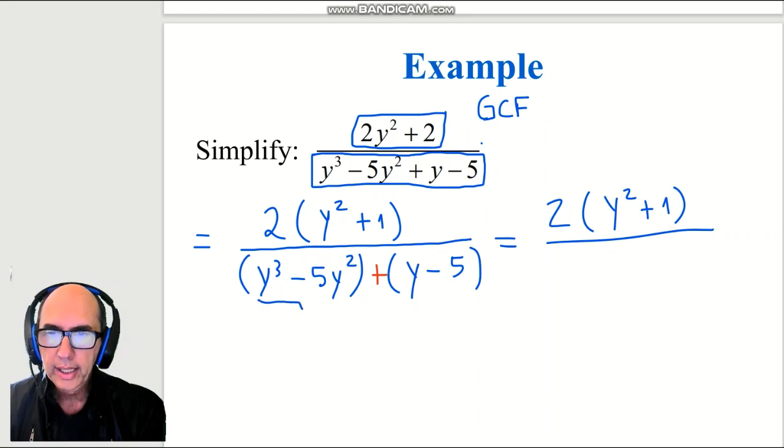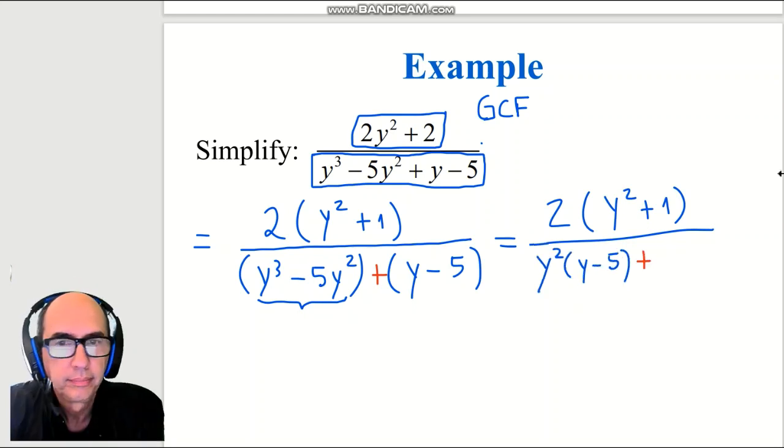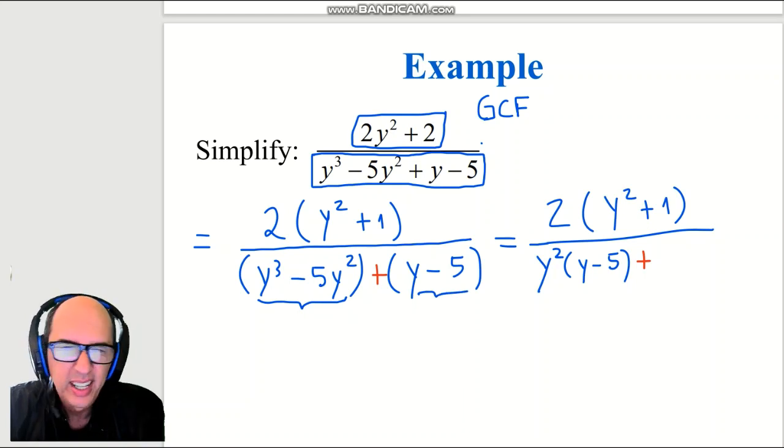Looking at this first group, I can easily see that we can factor out y squared. So y minus 5. On the second group, we don't have anything to factor out.